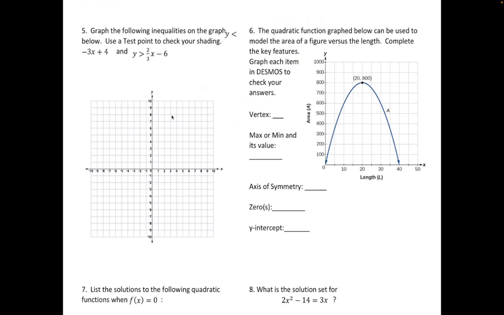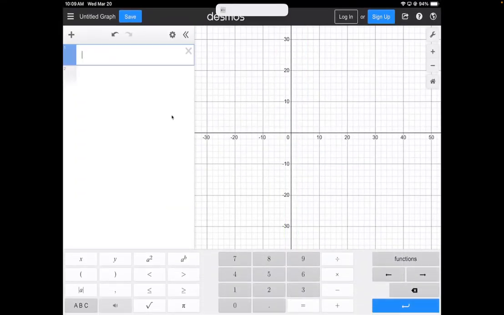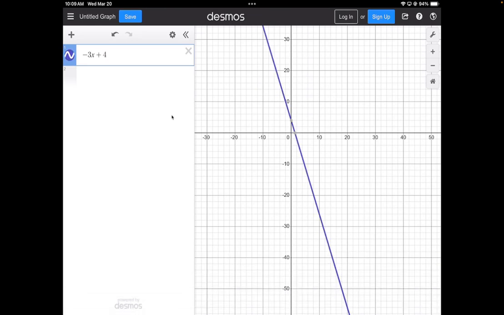Number 5, the inequality got a little messed up there. y is less than or equal to. So what you would need to do, and I would suggest that you graph this in Desmos to make sure, not with an inequality, but just graph these to see exactly where your points are. So let's start with that. We can say negative 3x plus 4. If you don't remember how to graph y equals mx plus b, I can see here I have 4.